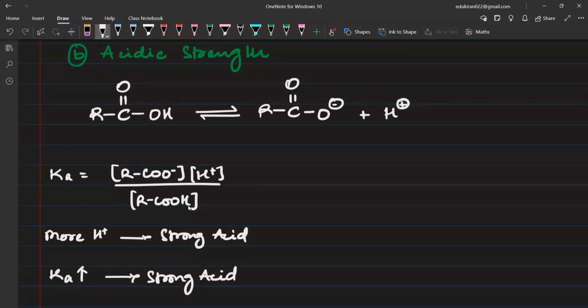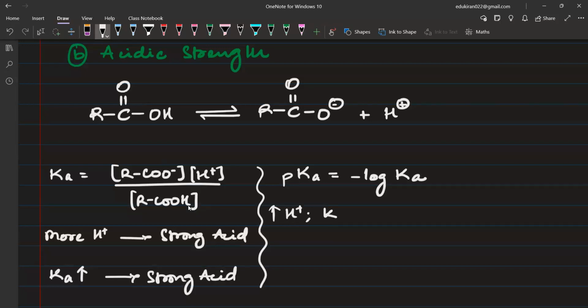Now, we know that pKa is defined as minus log of Ka. So if the concentration of H plus is high, that means the Ka is high. If Ka is high, that means the log of Ka will be high. But if the log of Ka will be high and you take minus log Ka, this thing will be low.